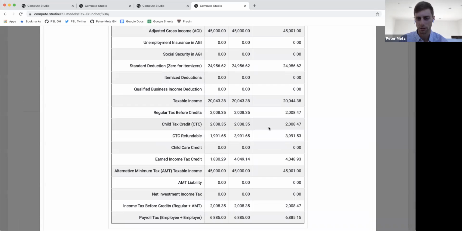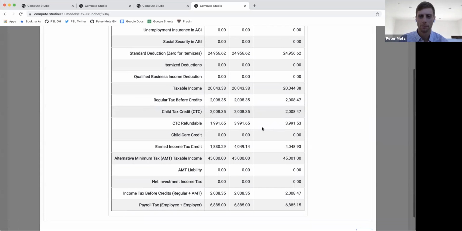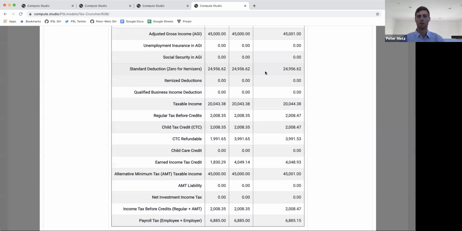So child tax credit, 12 extra cents in child tax credit. The refundable, so I guess these things would immediately cancel each other out. I won't go through it all, but if you wanted to add up all of the deltas here, you would arrive at your marginal tax rate.